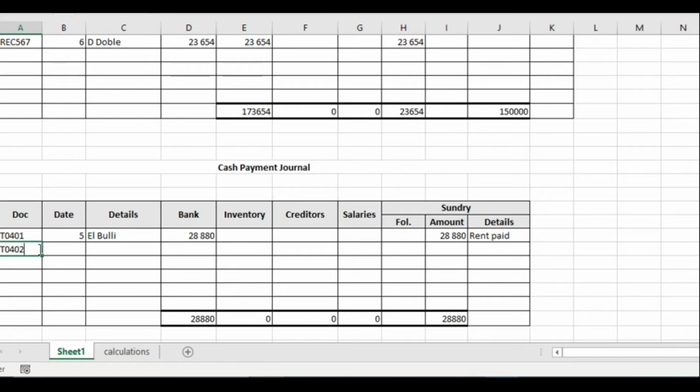So this is going to be a cash payment journal. Then here's our doc number T0402. It's given. Our date will be the 6th. Our details are Alpha Enterprises.